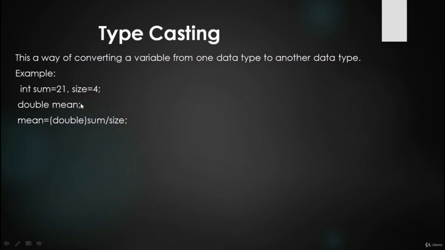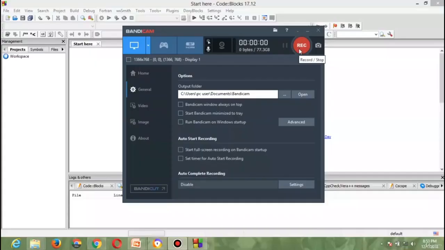Now we first have to convert this sum into double so that we can easily divide it. Since this data type is an integer, we have to convert it to double so that we can divide it and then have our double mean or average.